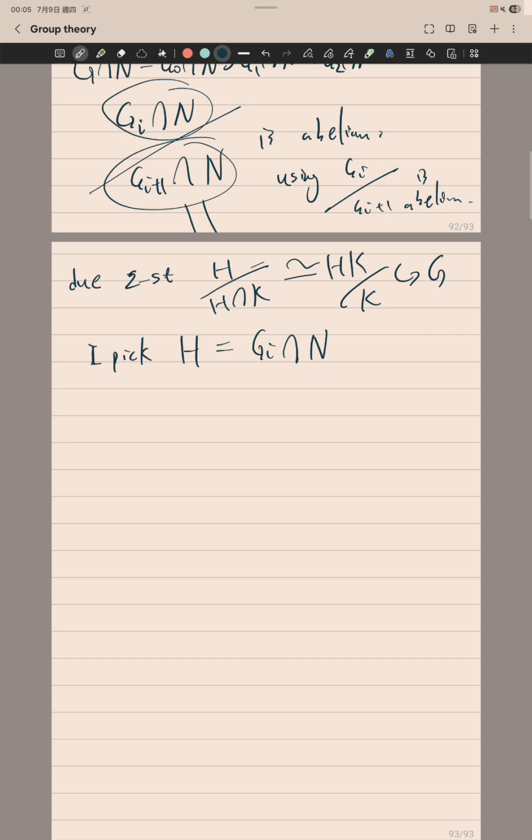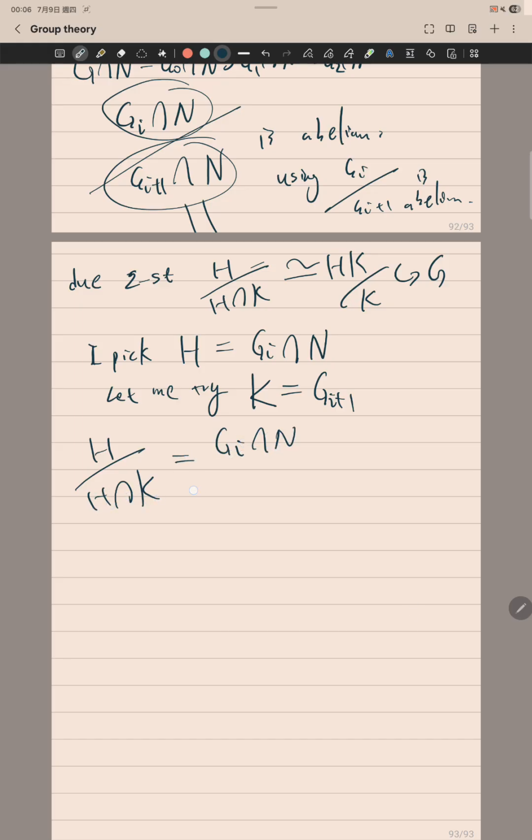And so you need to guess which one is good. So let me try. Let's say I pick K to be G_{i+1}. So this is (G_i ∩ N) quotient (G_i ∩ N) ∩ G_{i+1}.